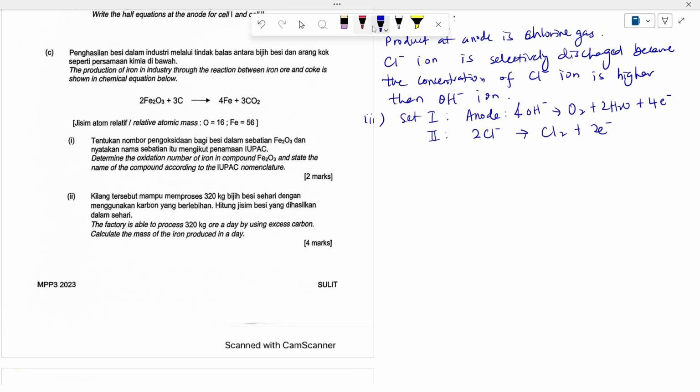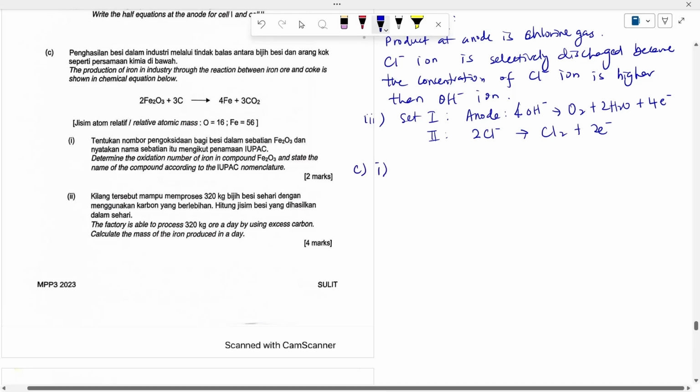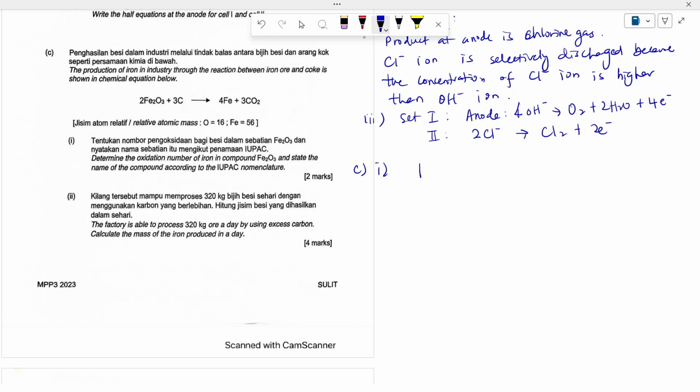For this question, C1, we can first calculate the oxidation number for iron. Fe2O3: we replace the oxidation number with X. So 2X plus oxygen, oxide is -2, there are 3, equals 0 because there is no charge.